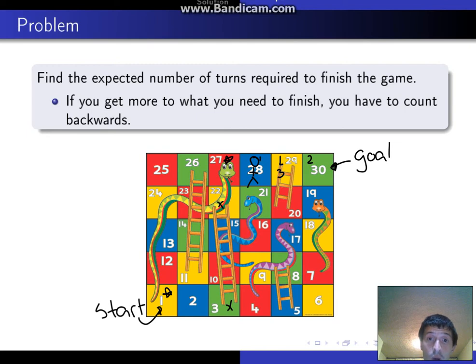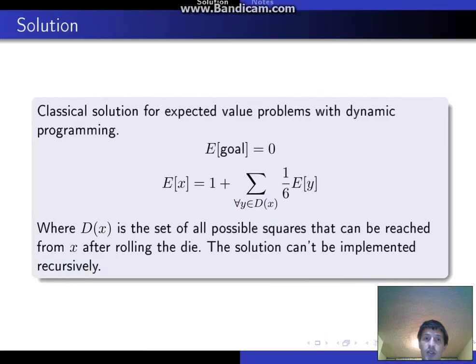If you get 4, you will get back to position 28. And if you get 5, for instance, you will land on the head of a snake, and you have to go to position 1. So when you are about to finish, you have to count backward. That's also something you have to consider in this problem.